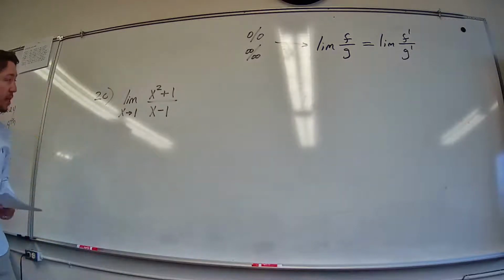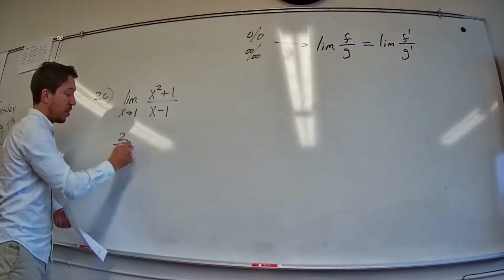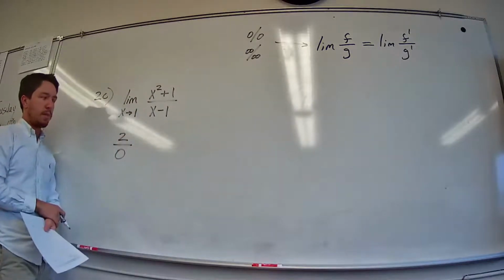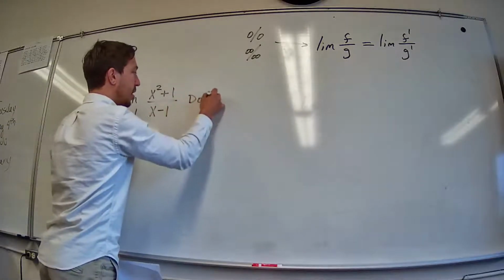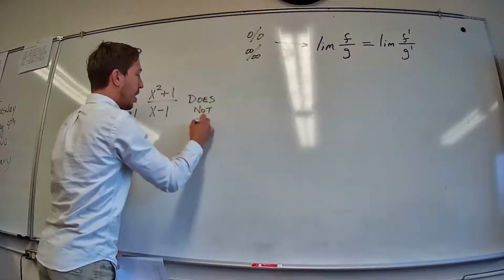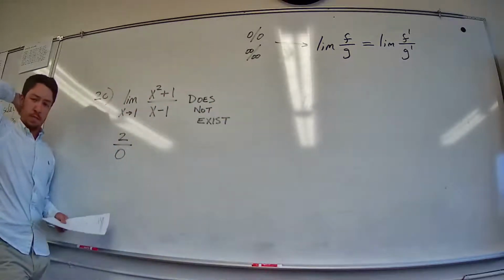You take your first step and say, let's plug 1 in. You get 2 over 0. But wait a second, that's just undefined. So this limit does not exist. It's a DNE. Okay?